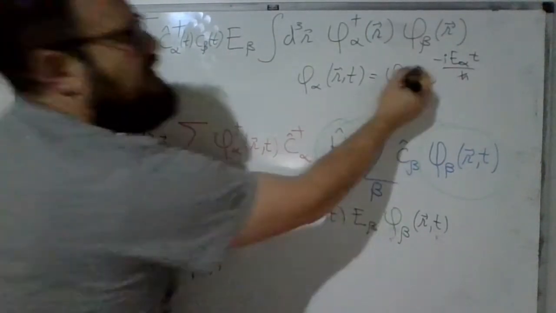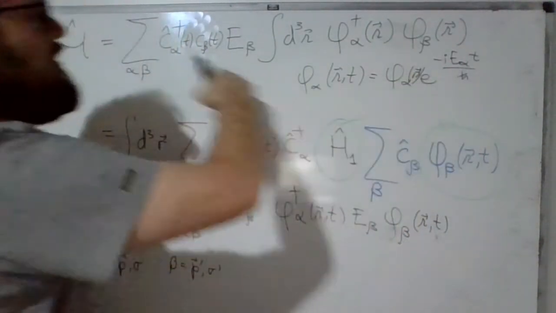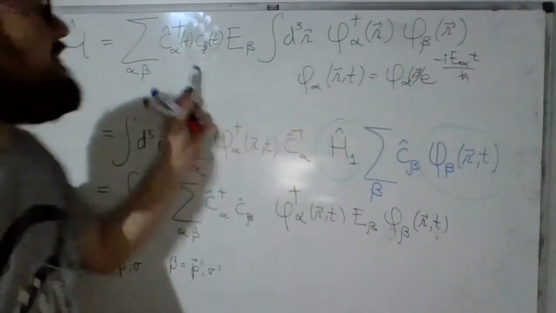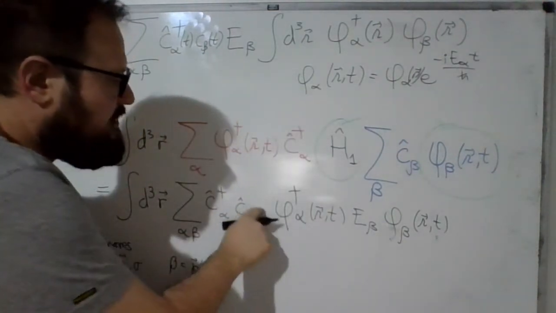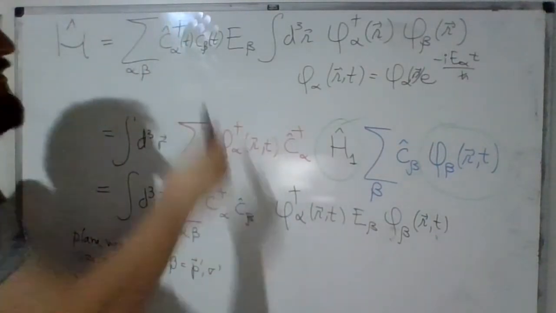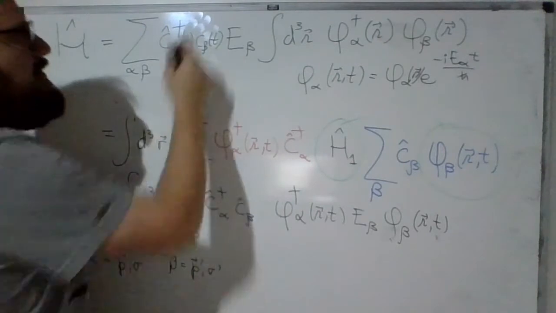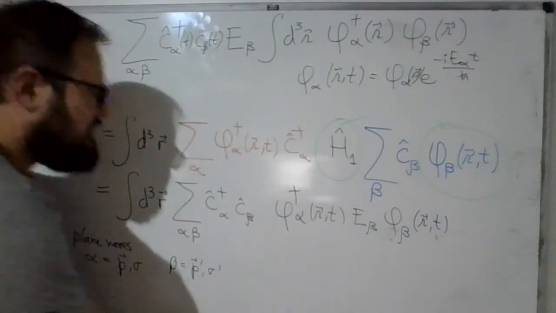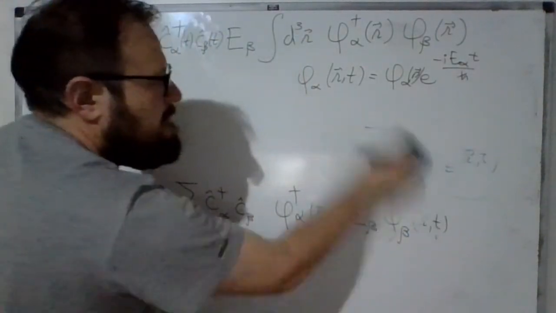So the position dependence is here and time dependence is here, and you can just add the time dependence. You can multiply by the operators at time t equal to 0, okay? So the time dependence you can put into the functions here or into the operators here outside the integral. But it doesn't matter. As a matter of fact, the result is the same in the end.